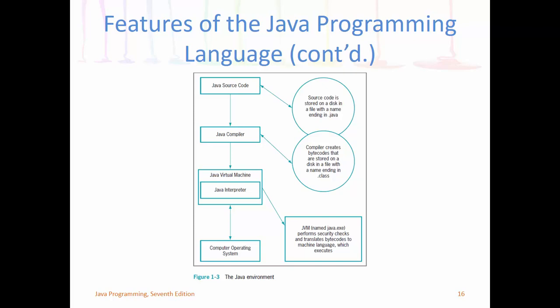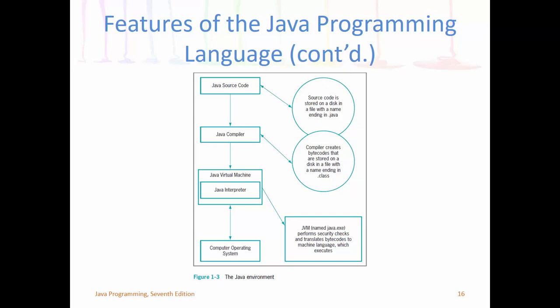All right. Let's take a real quick look at this diagram here and how the language works. You can see at the very top we have our source code. That's the stuff that we're going to type. The commands, the curly braces and semicolons and System.out.println and all those things that we're going to be doing. We'll take that source code, and once we think we're done with it, we'll compile it.